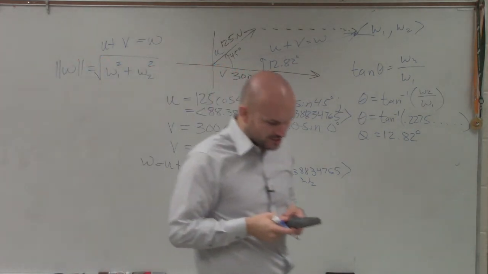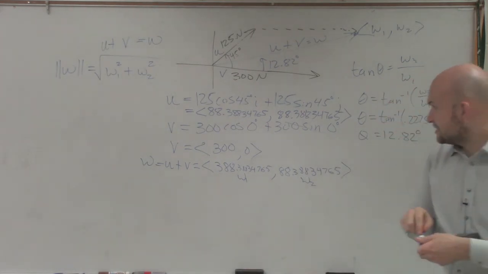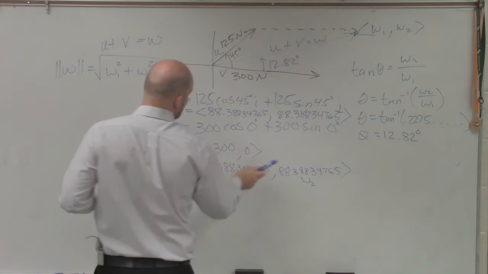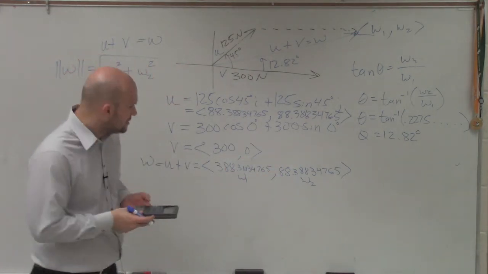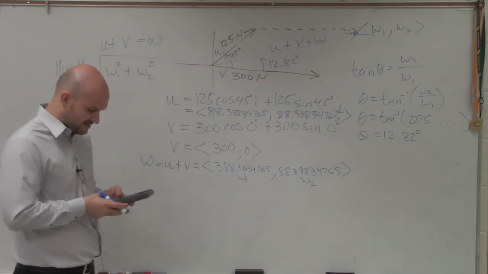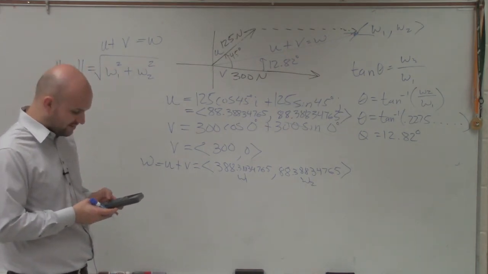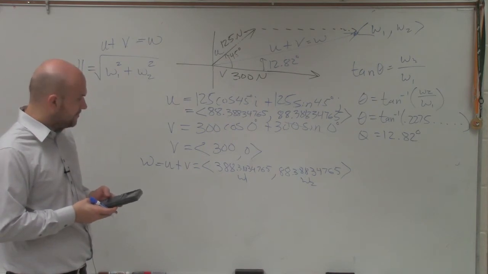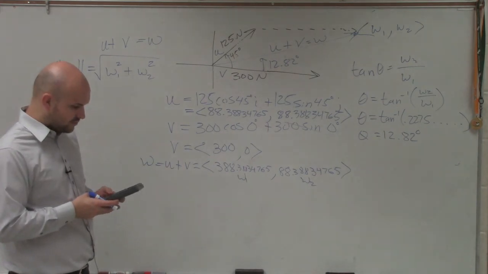All right? So what I'm going to do now is take these two components, square them, add them up, and then take the square root. So we'll do this right before class ends. 388.38834765 squared plus 88.38834765 squared.